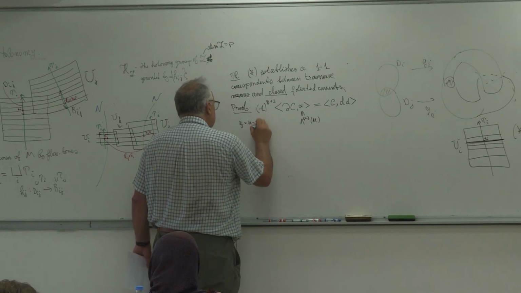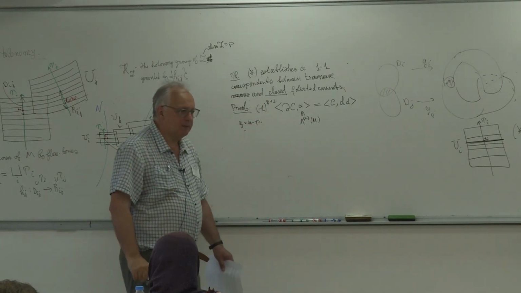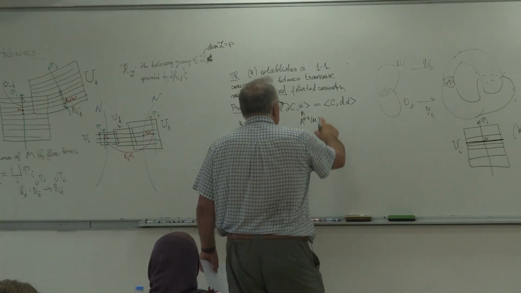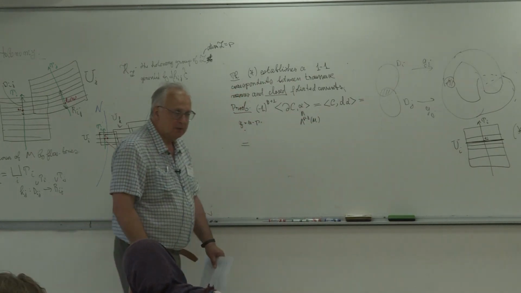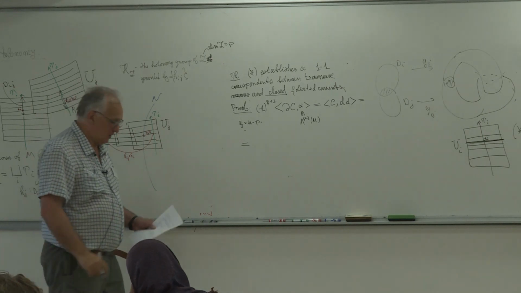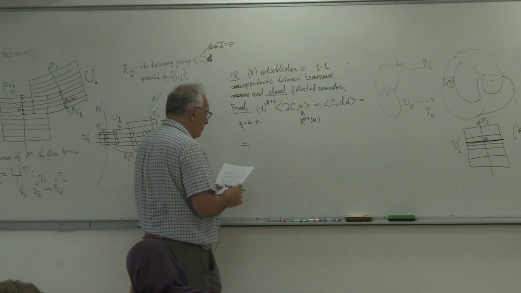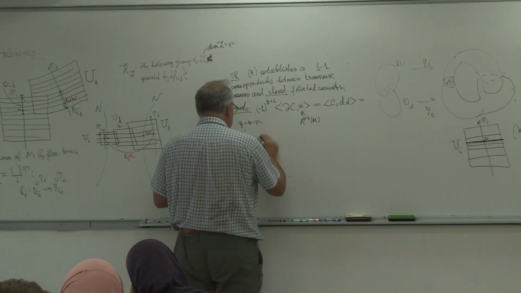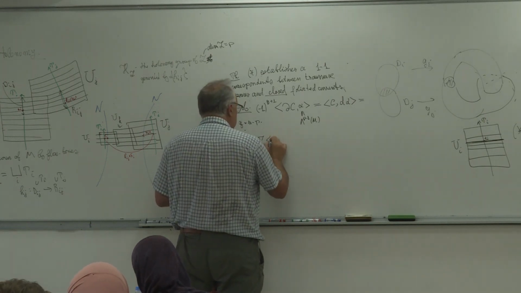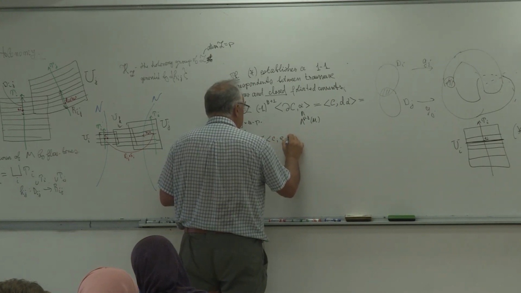Anyway, some sign here. And we want to prove that this is 0 for every alpha. So we write the same thing: the sum over i, with the partition of unity, of d alpha.